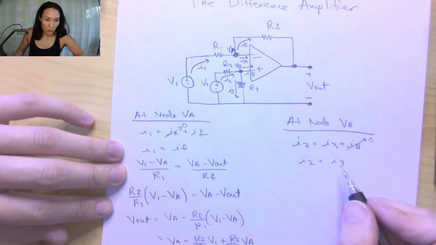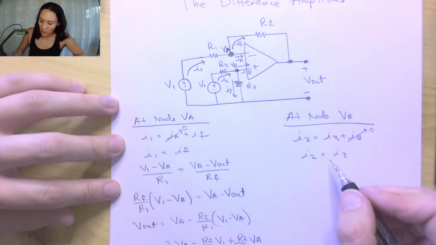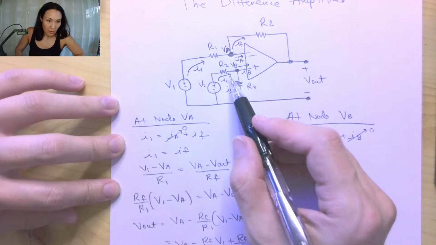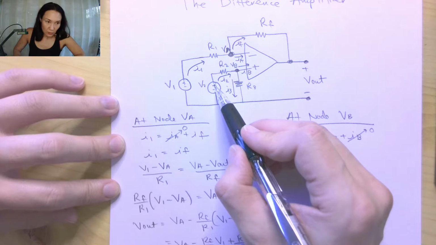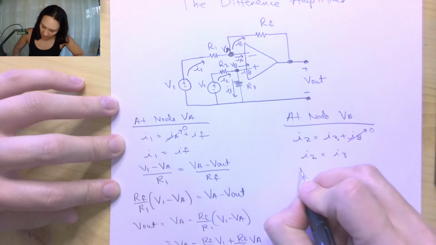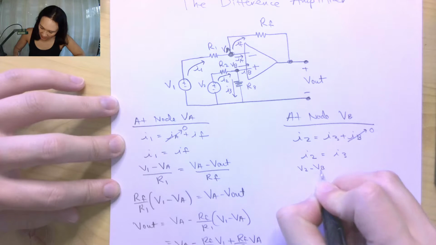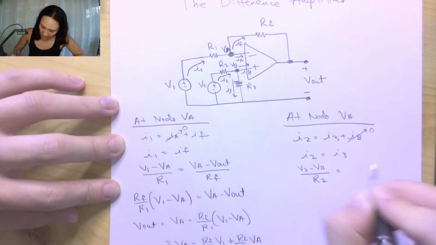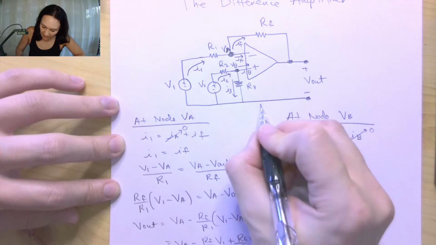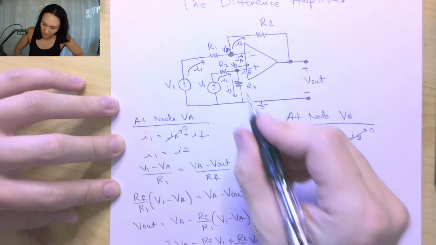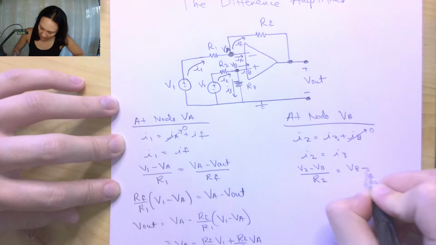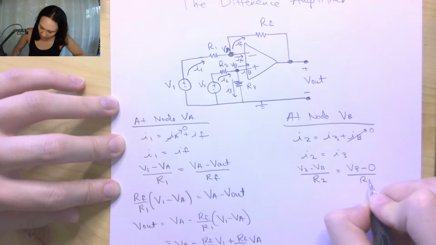Now at this point, I can replace these currents with an equation in terms of V and R. So I2 is here. I'm going to replace that with V2 minus VB divided by the resistor between. So this is V2 minus VB over R2. And then I3 I can replace with VB minus 0, because this is my ground node, divided by the resistor between, R3. So this is VB minus 0 divided by R3.